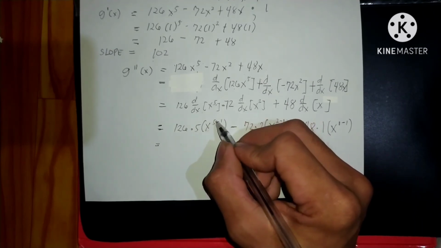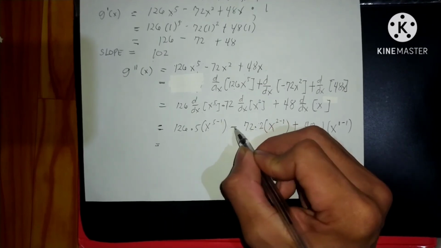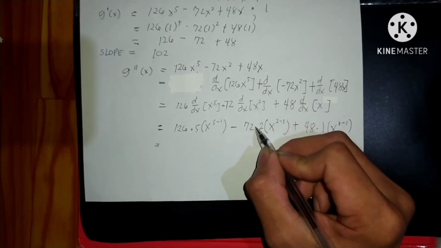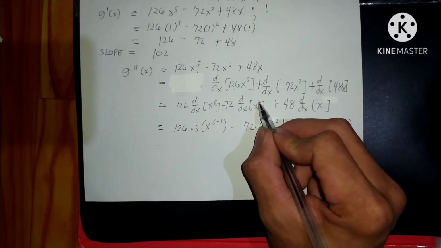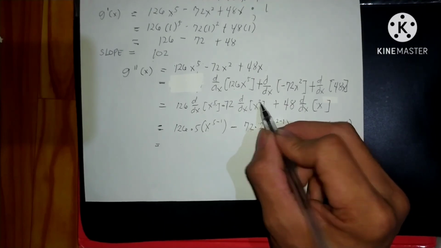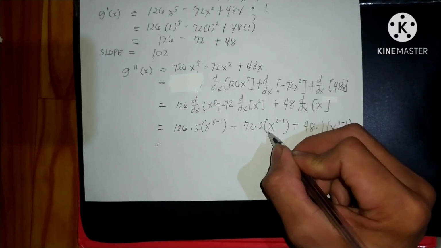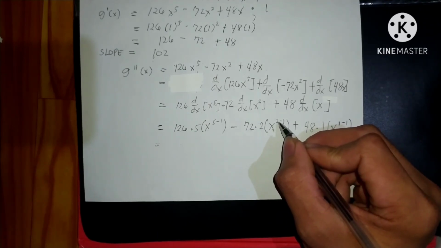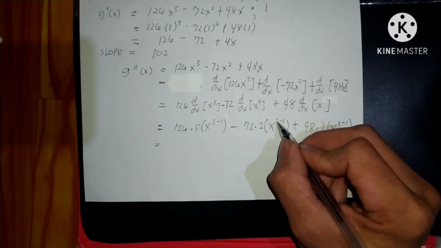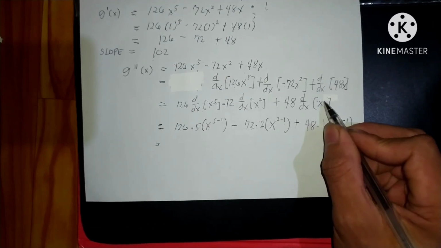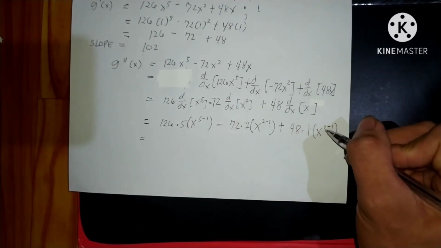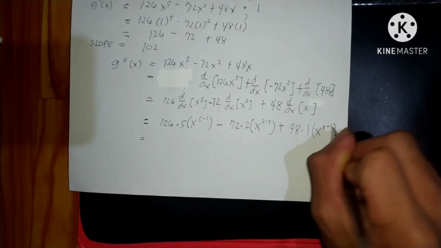So, 5 minus 1, minus 72 times 2 kasi squared yung exponent niya, times x with the exponent of 2 minus 1, plus 48 times 1 kasi 1 yang dyan sa x. 1 minus 1.